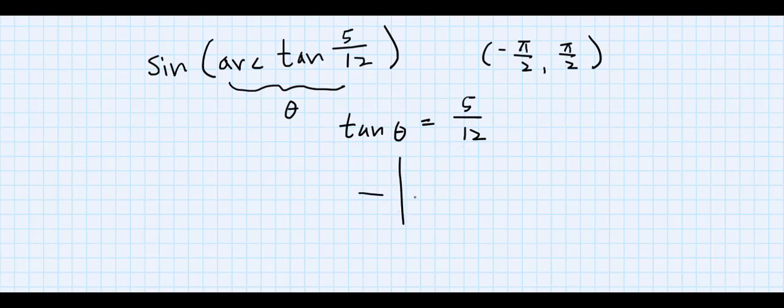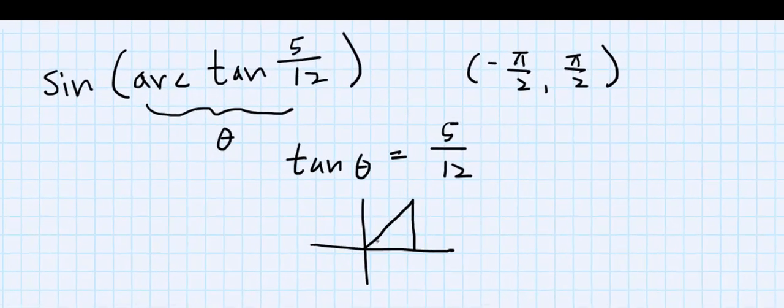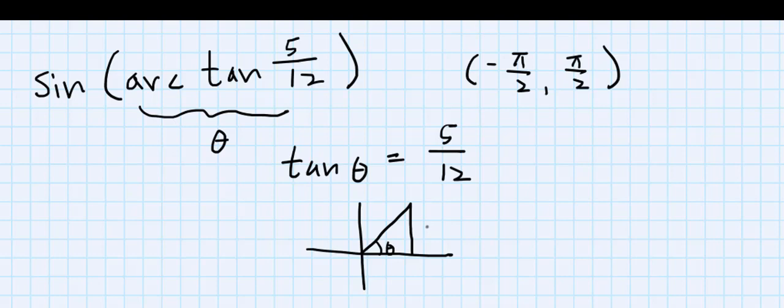But if you draw a triangle, since tangent is positive, it has to be in the first quadrant. And tangent is opposite, the y over x, so 5 over 12. Now, if this is a right triangle, so if this is 5 and that's 12, what will be the hypotenuse? Using your Pythagorean theorem, you're going to get 13.